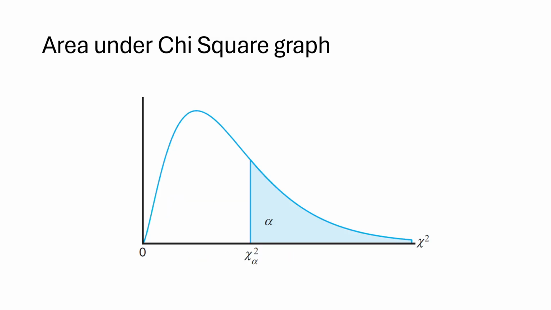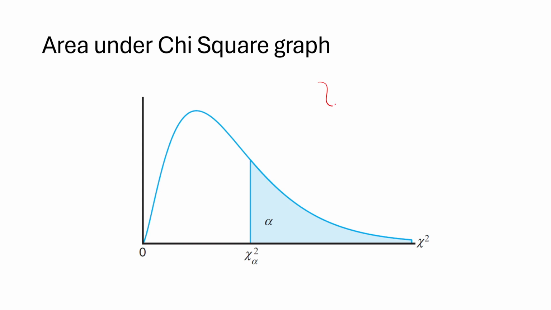Okay. So next, the area under the chi-square graph, we are going to measure it like this. The graph in general looks like this, we are assuming. It rises and then it falls. Then we'll be marking a point as chi-square alpha subscript. So subscript alpha refers to the area to the right of the point being alpha.